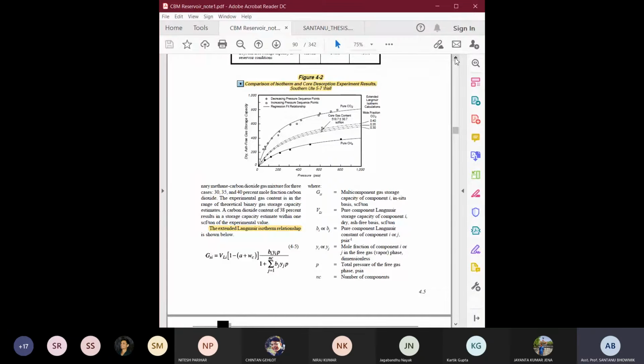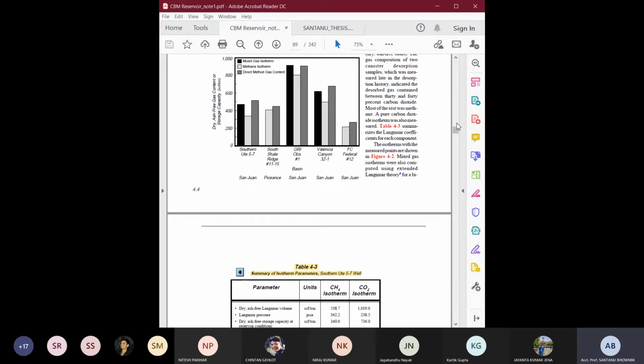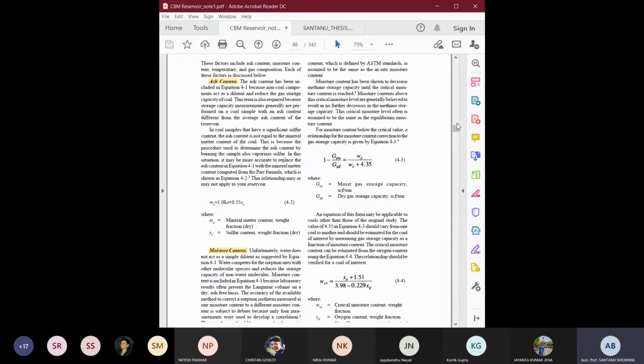Obviously, for the pure gases, there is no such trouble for calculation, and for pure gases, the Langmuir equation will be the earlier one, the first equation, equation 4.1.